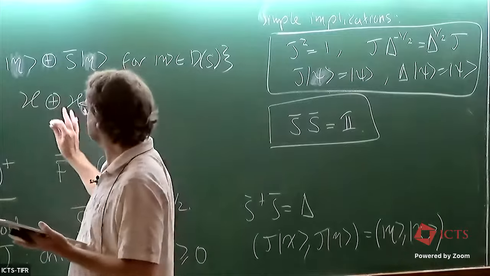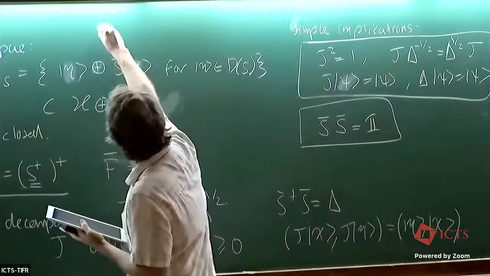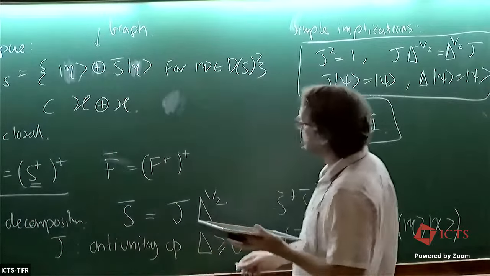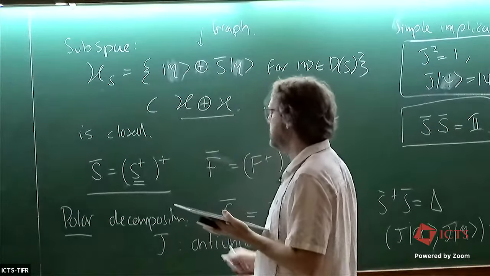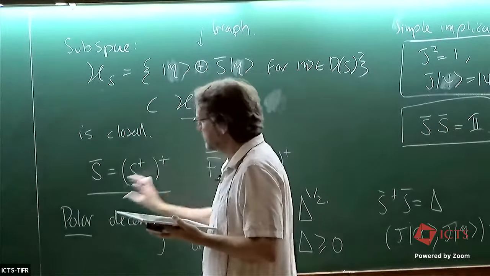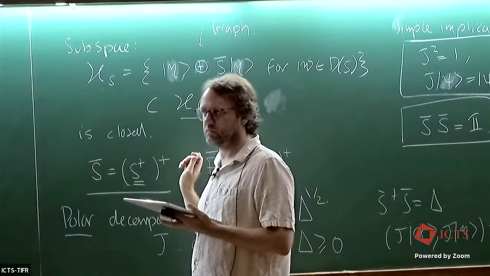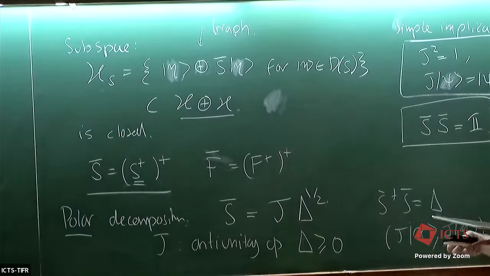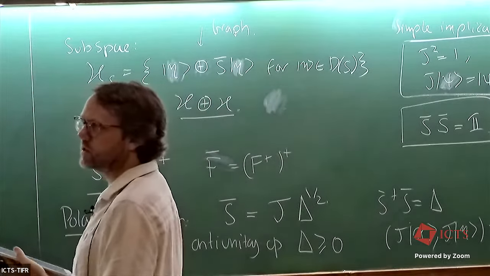So because of this, this definition of closed is called the graph. This closure on the graph, which is this direct sum of the Hilbert space, is nice because then you get all these things like polar decompositions and spectral decompositions. And I'm not going to go through that. Is there any better thing I can say?